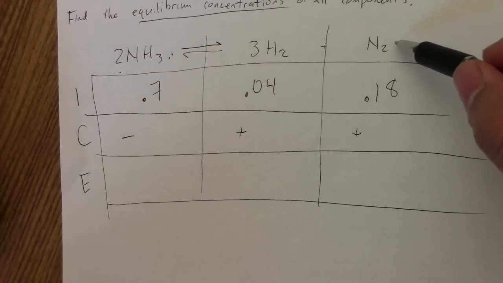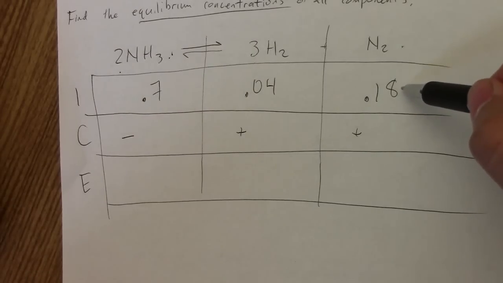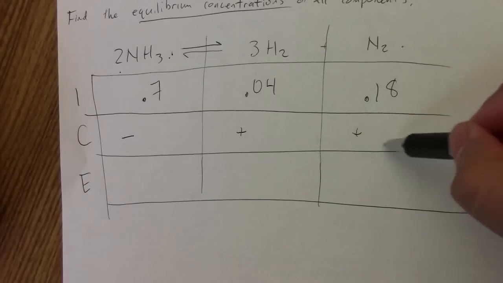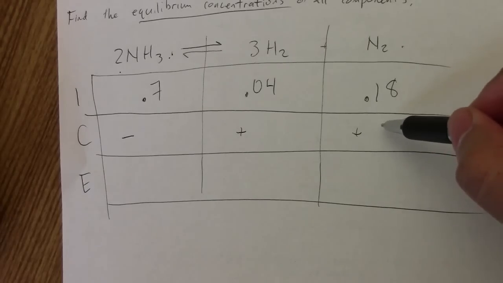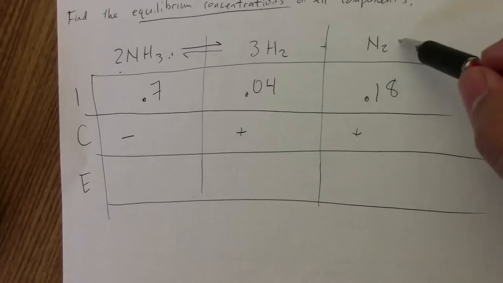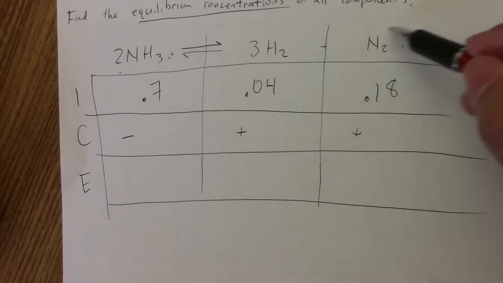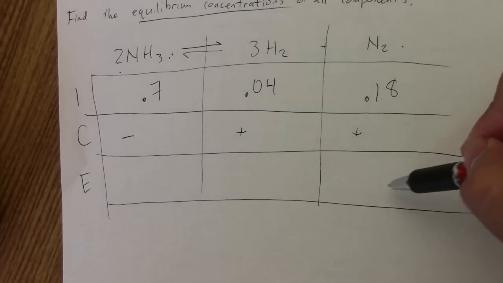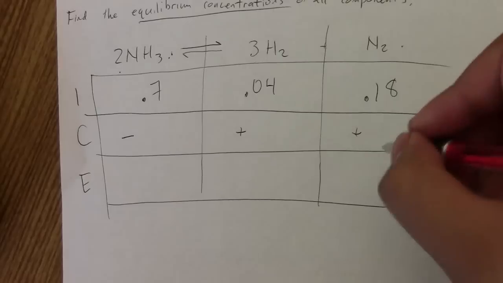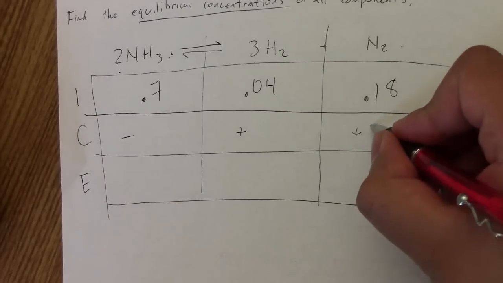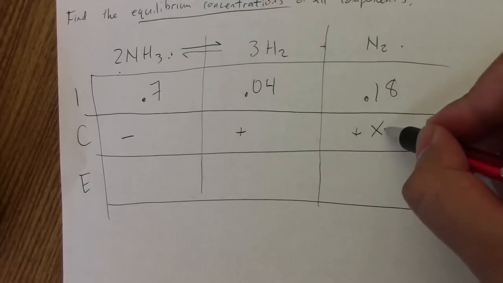I know that when I'm trying to get to my equilibrium concentration, I'm going to start at 0.18 molar. And then I'm going to add some concentration of N2 such that I get to equilibrium. So we don't know what that number is. We're going to call our unknown number X.